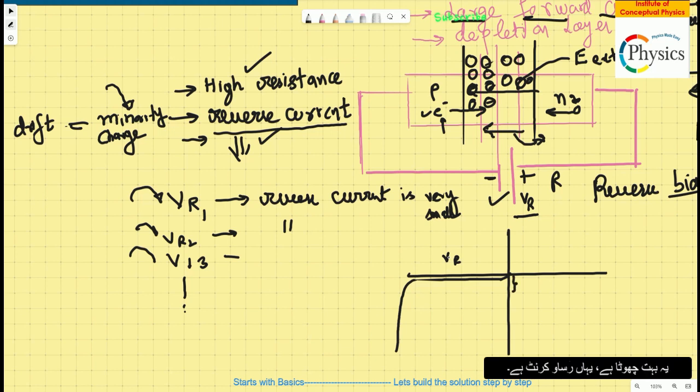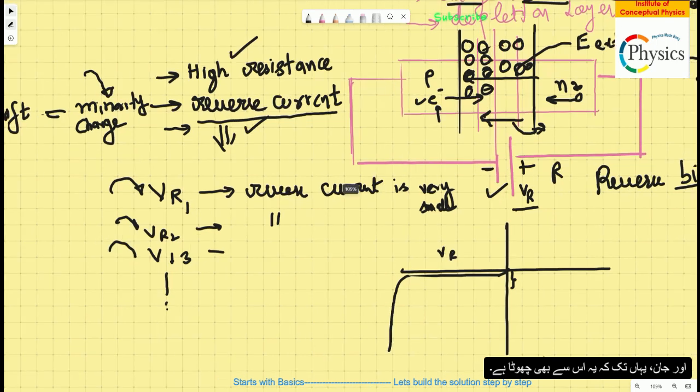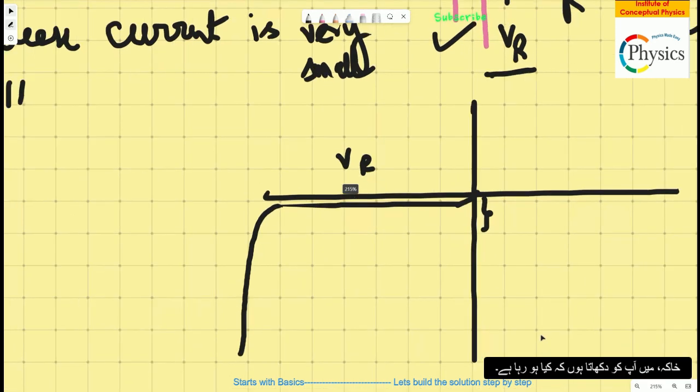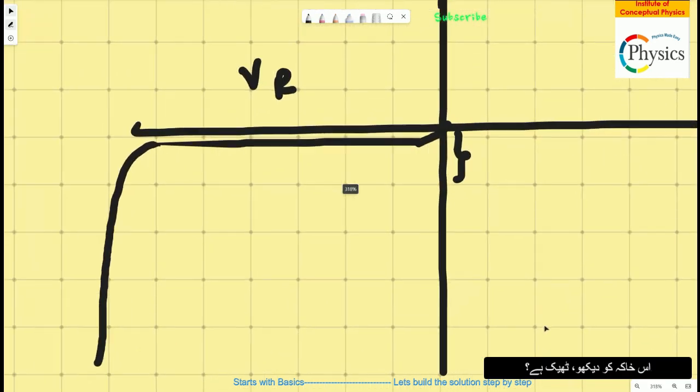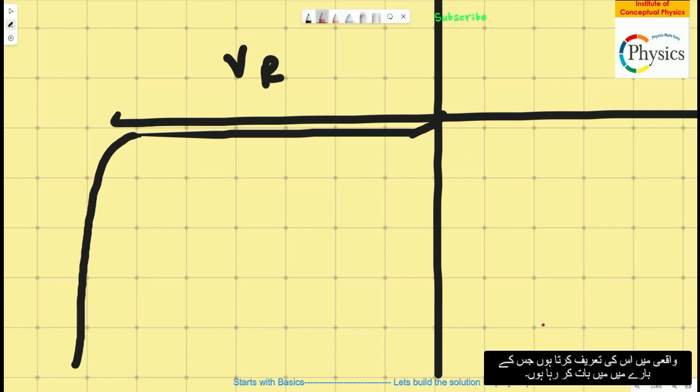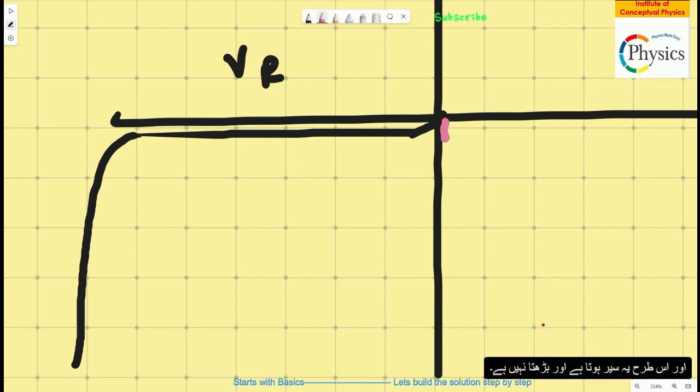The leakage current here, I've drawn an exaggerated picture. Let me just rub this off so that you can really appreciate the magnitude I'm talking about. I'm talking about such a small reverse leakage current, and so it saturates, it doesn't increase even if the voltage is going on increasing towards the left, reverse bias.